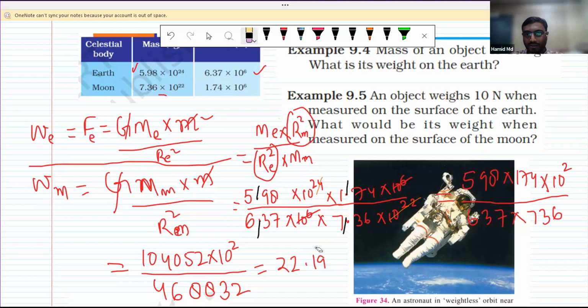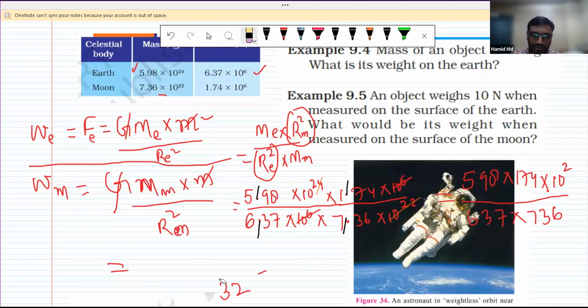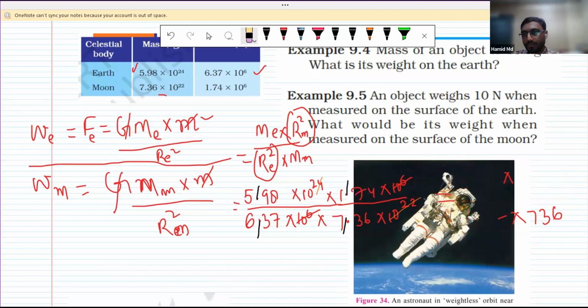So how will we correct it? We have to correct it. So this is also not true. So this is 1.736.